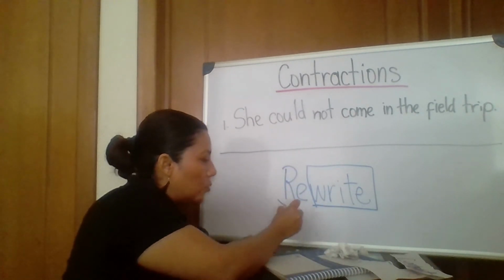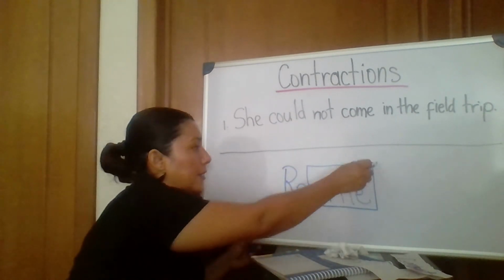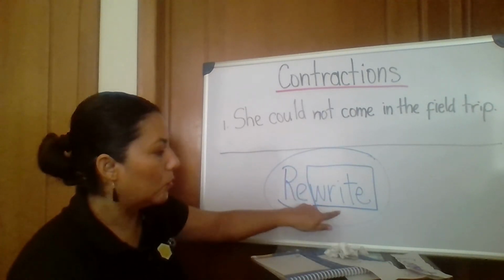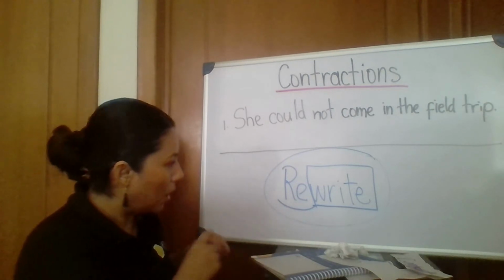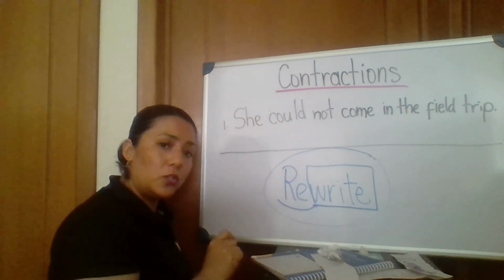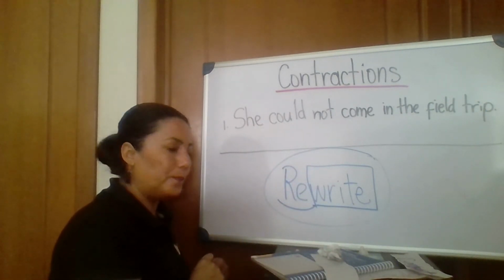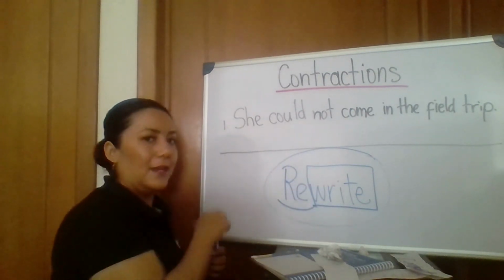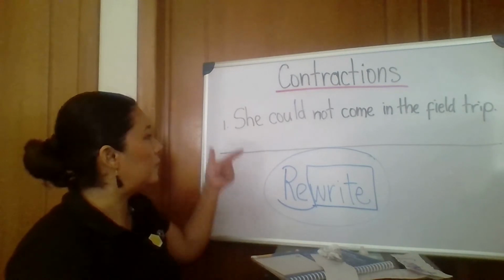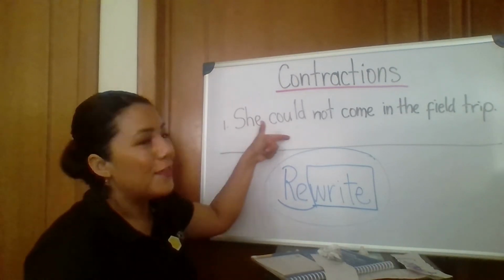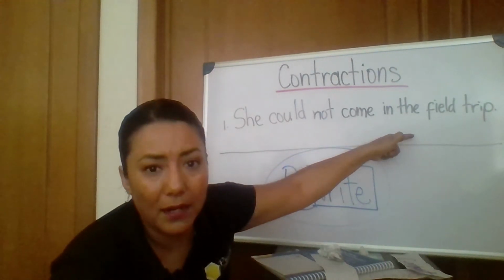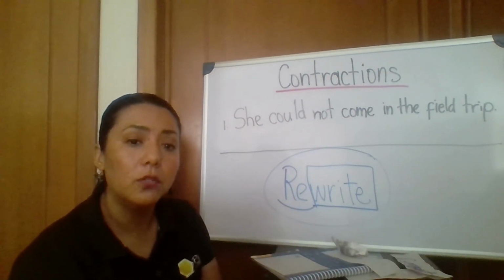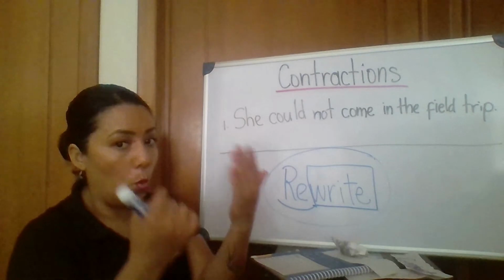But this one says rewrite. This complete word means write again. So if the instructions in the book say rewrite the sentence, that means you have to write the sentence again. But in this case, it says using contractions.